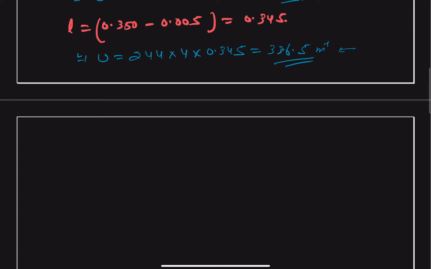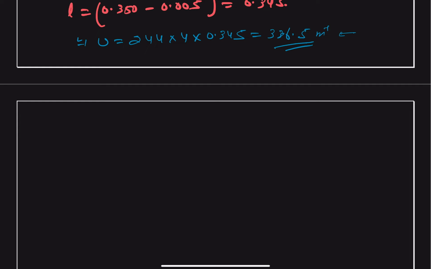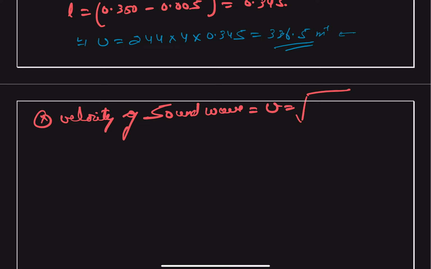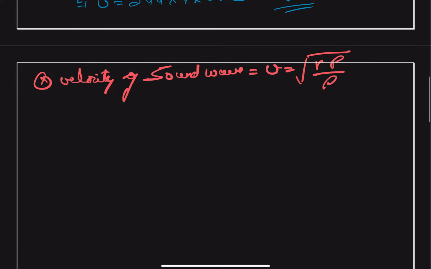And we already know the relationship. The velocity of a sound wave, that is v, is given as square root of gamma P divided by rho, and we are going to slightly modify this equation.